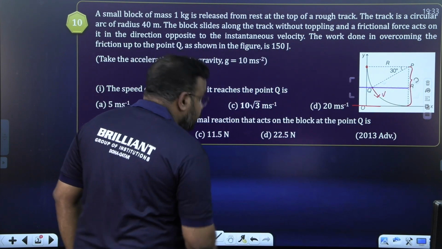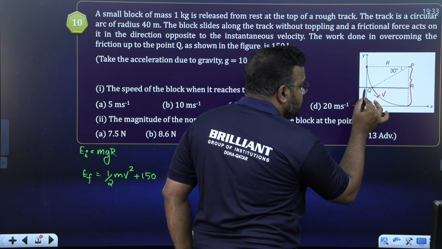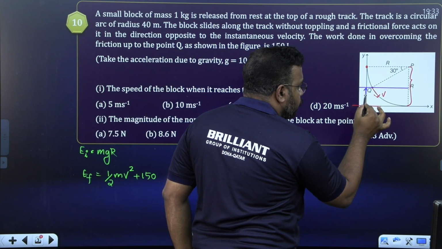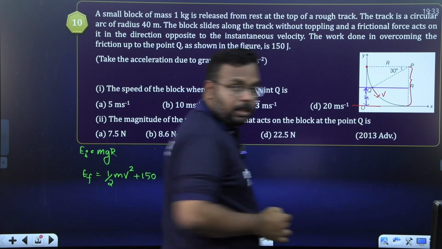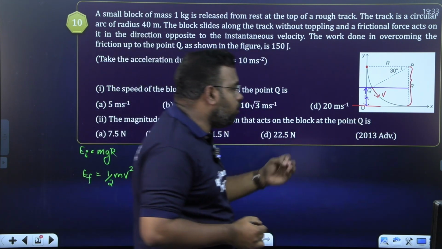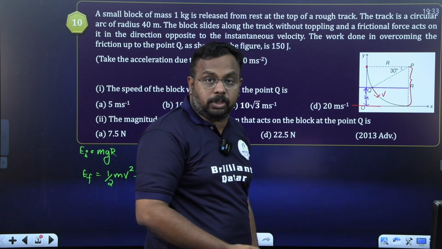Alright, so you can see that the new height of the body is this much. So how can we find the loss in potential energy?